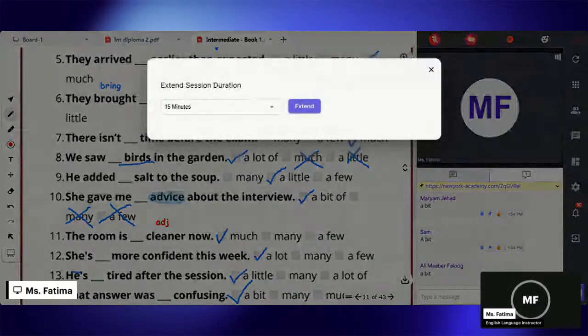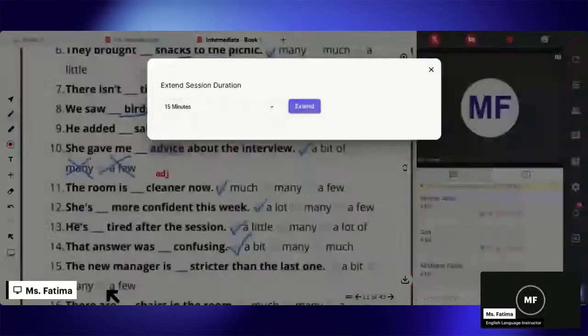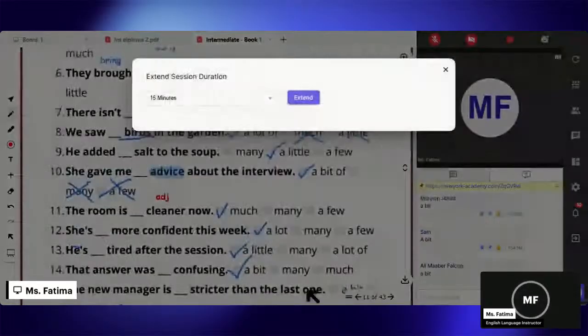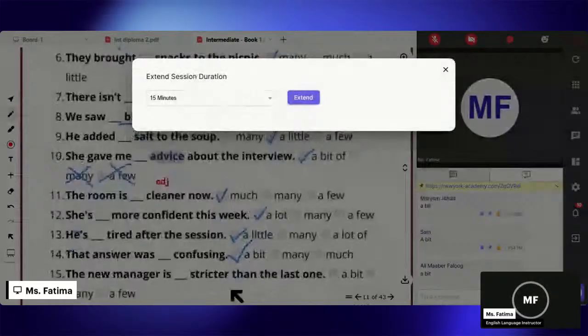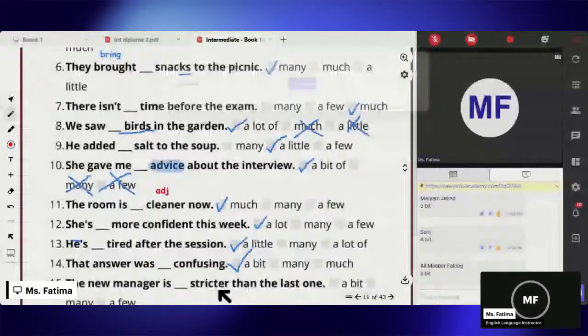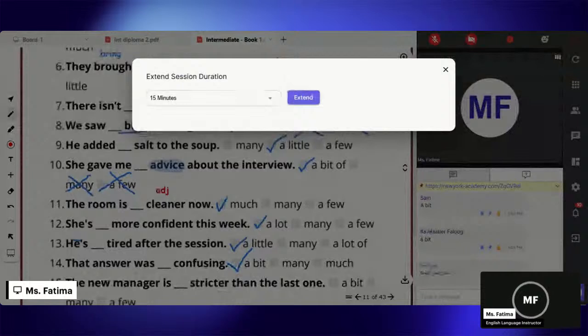The new manager is a bit stricter than the last one. The new manager is many stricter than the last one. Or the new manager is a few stricter than the last one. Stricter is taken from strict.